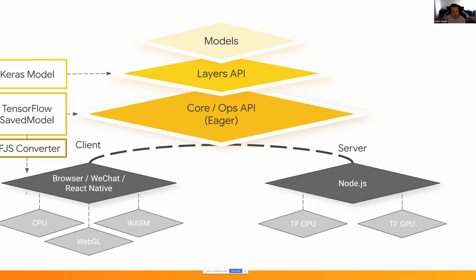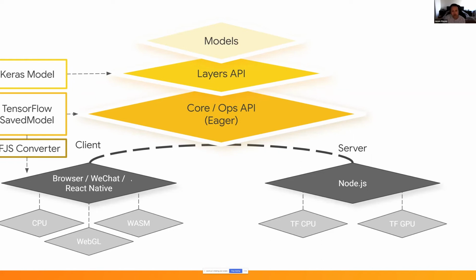And if you do want to convert to run on the client side in the web browser, for example, we've got a nice command line TF.js converter that can run on a saved model from Python, and it will convert it into the JSON format that you need to execute in the web browser environment.